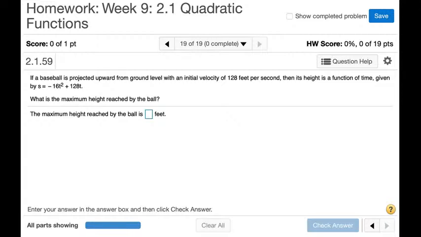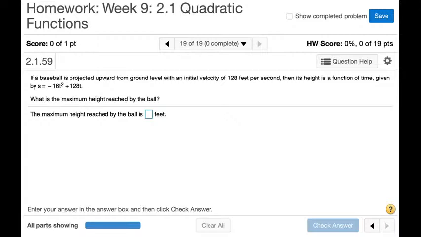Okay, let's take some notes. This comes from section 2.1, quadratic functions. This is question number 19. Again, it comes from 2.1, question number 59 from the back of that section.